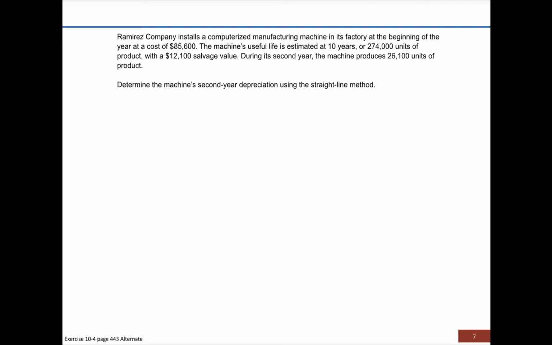Okay, but we're not. So all we've got to do is take 85,600 and subtract from that 12,100, which is 73,500. That is the depreciable cost, the amount I want to allocate over the number of years. So how many years was that? 10 years, we said.